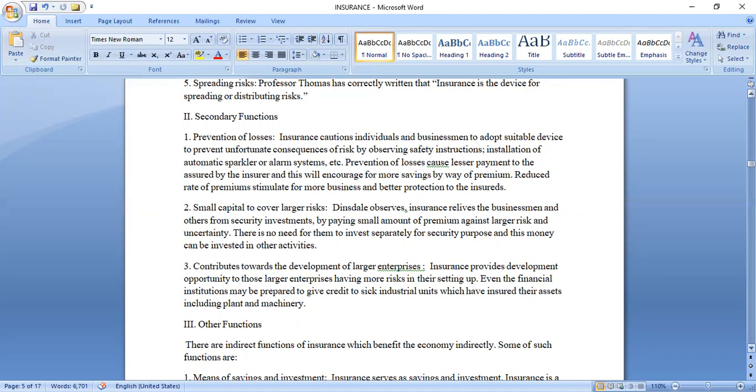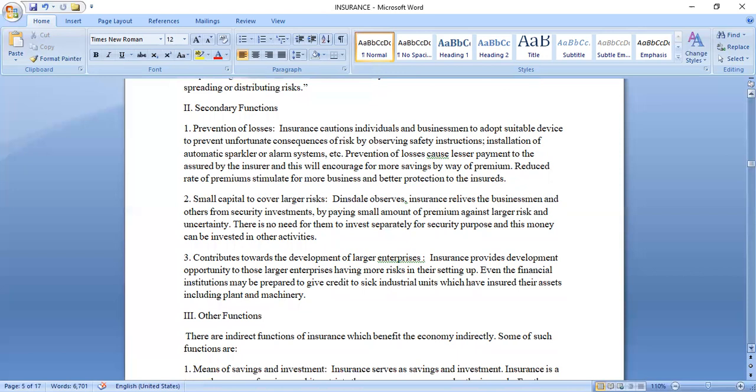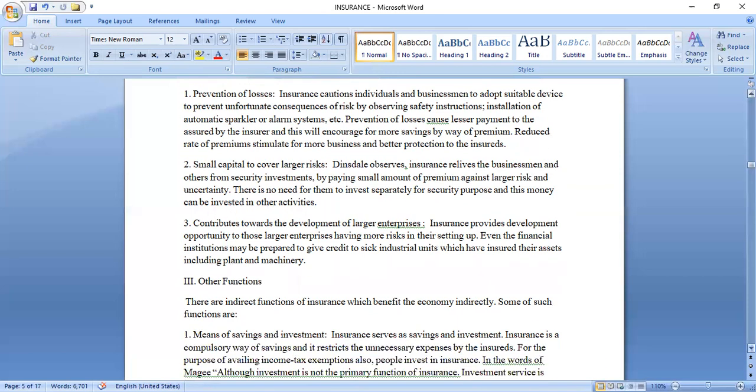It could be what you call third party liability. So all those are types of insurance. At the end of the day, the essence of this would be to prevent losses, and this is a primary function of insurance. The second primary function of insurance is that small capital is used to cover large risks. So there is a premium that the insured are required to pay to the insurers or the insurance companies.